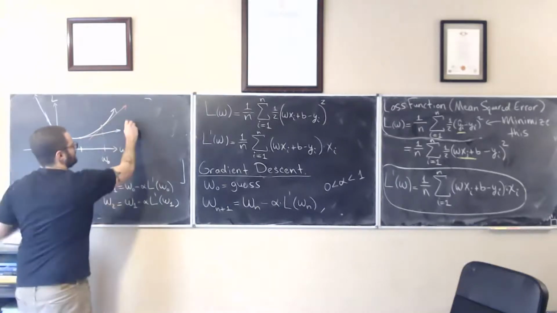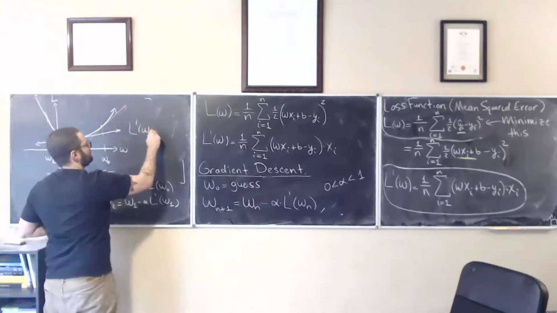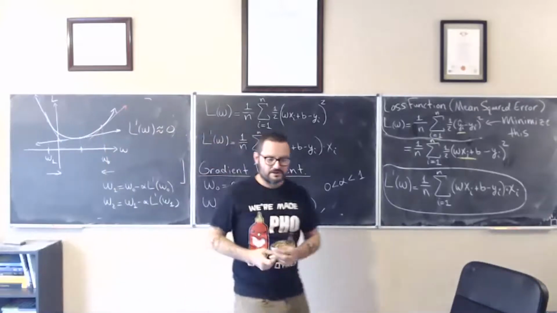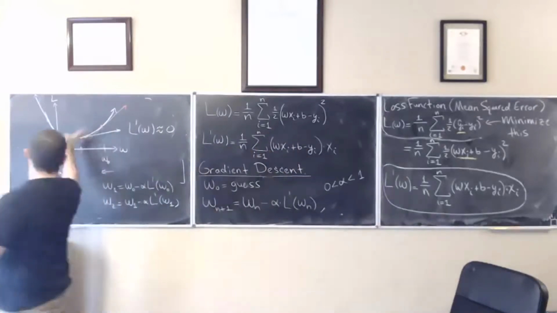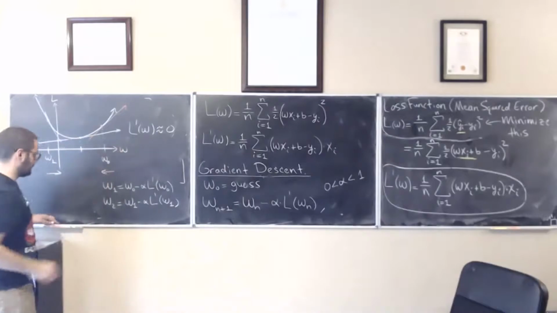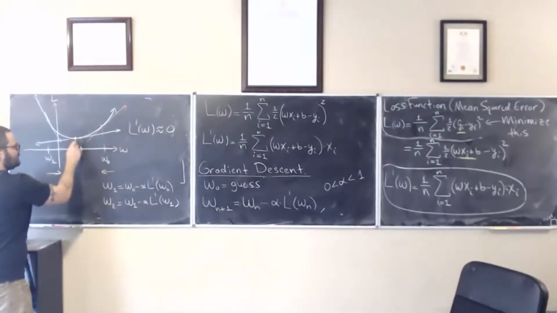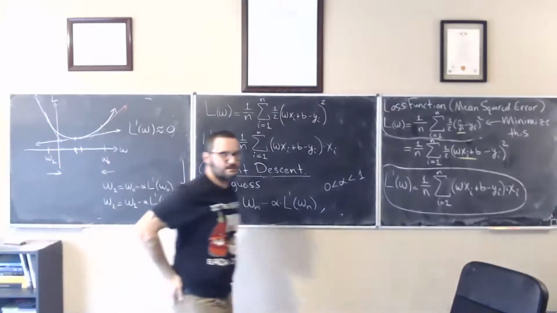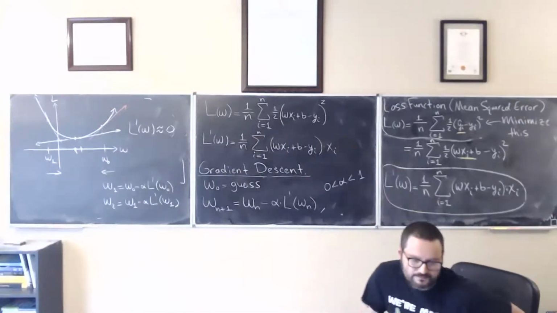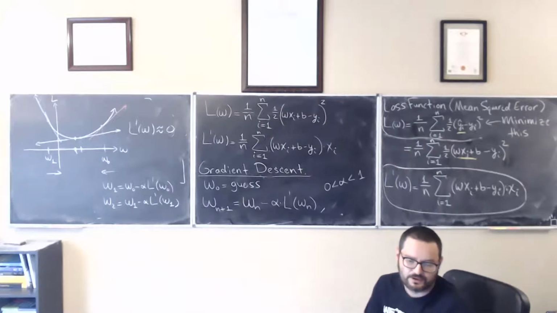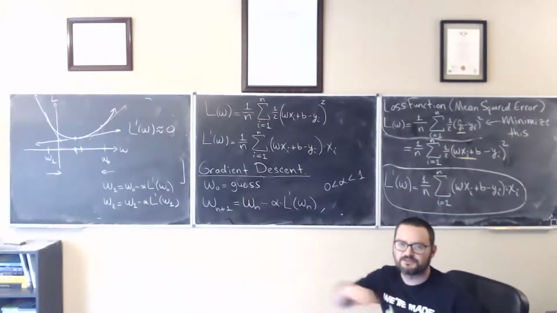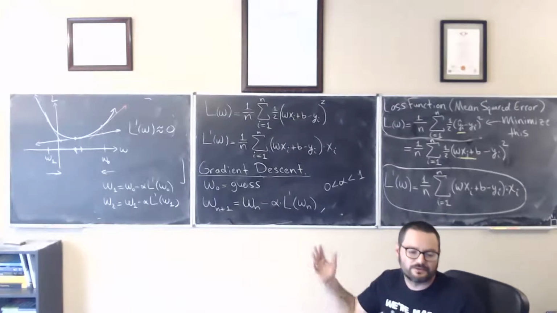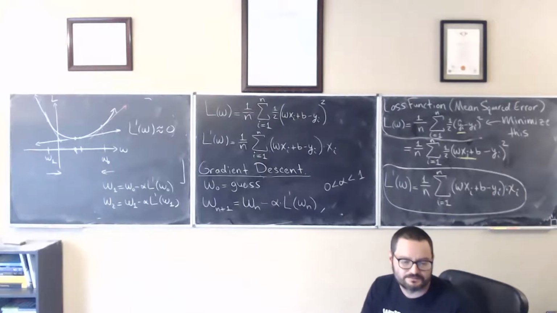We can do this until eventually the derivative is sufficiently small, close to 0, because now we're getting close to where the derivative is equal to 0, and then we found the optimal guess. Does that make sense? That's the whole point behind gradient descent. We're always going downhill at each choice of w or x or whatever variable you're trying to minimize.